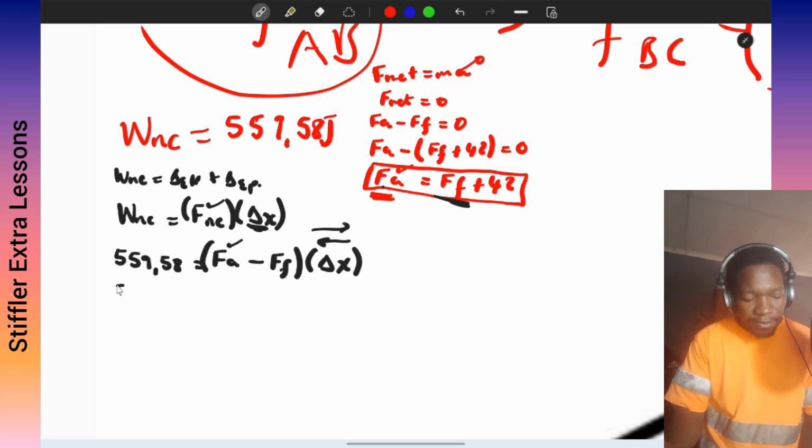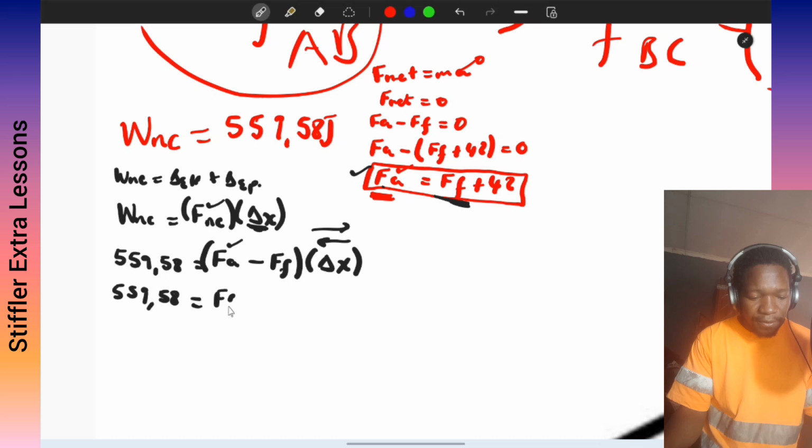So this becomes 559.58 equal to. Now we know the force applied in terms of frictional force, so we can substitute that. Our force applied is frictional force plus 42, and then this should subtract the frictional force that was there at AB, all multiplied by the displacement.